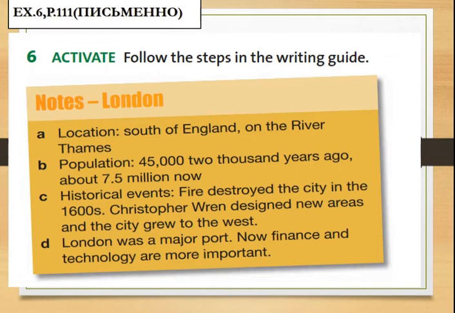You may use this information to write about London. Вы можете написать о Лондоне, используя данную информацию. Вы также можете написать вашу статью о любом другом городе. Location – расположение, population – население, historical events – исторические события. И также в последнем абзаце вам нужно будет сравнить прошлое и настоящее этого города.